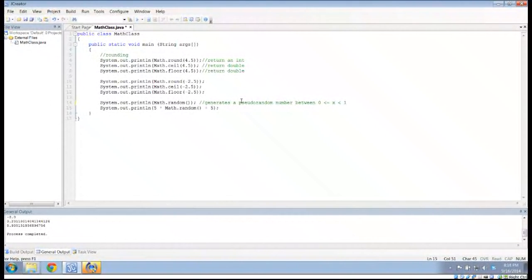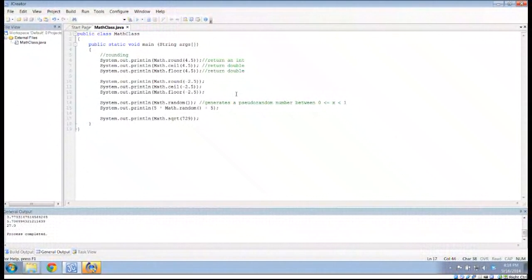Other things that are important to know is I can do math.sqrt, math.sqrt. So I can take the square root of a number like 729, and it'll tell me that the square root of 729 is 27.